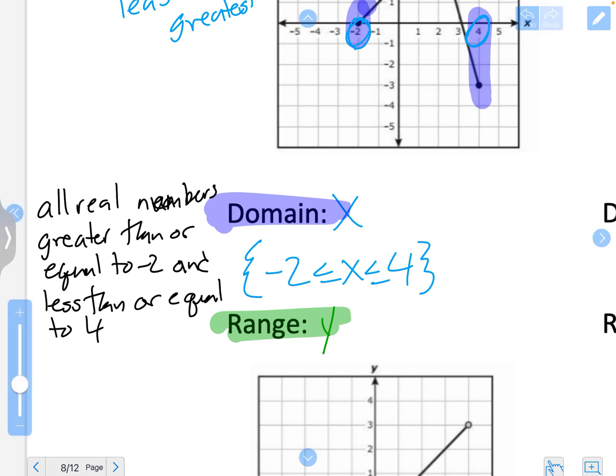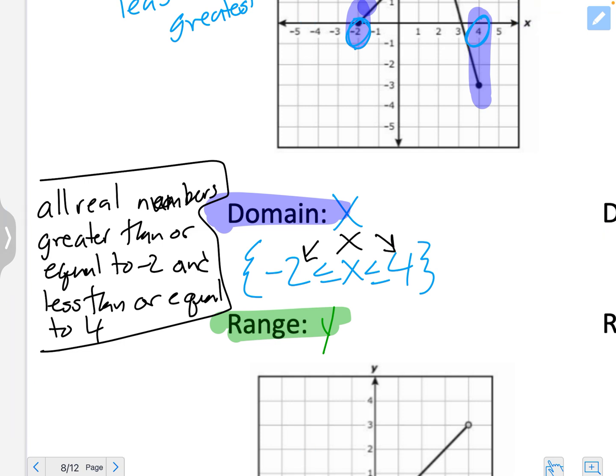And so that's that inequality statement in words. X has got to be bigger than or equal to -2, but smaller than or equal to 4. And that's what we're talking about when we are using these inequalities.